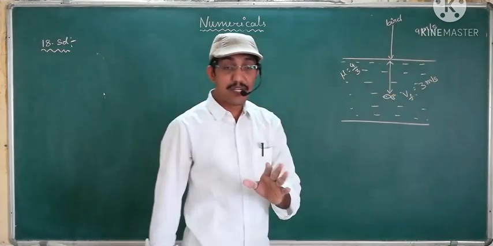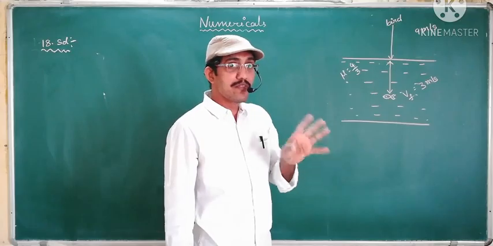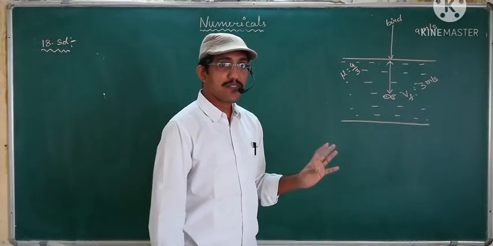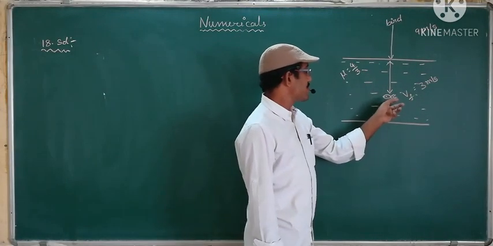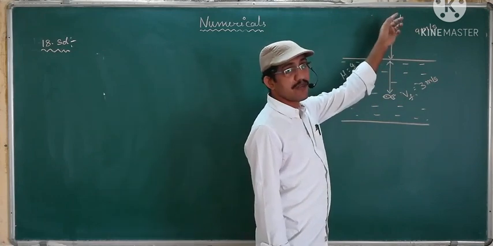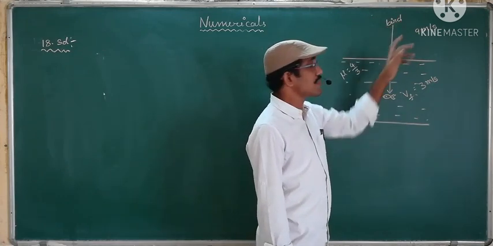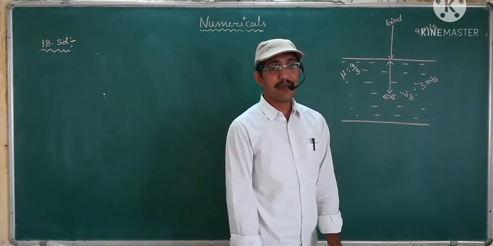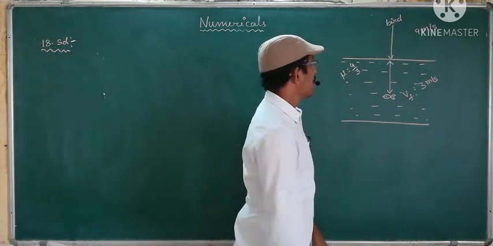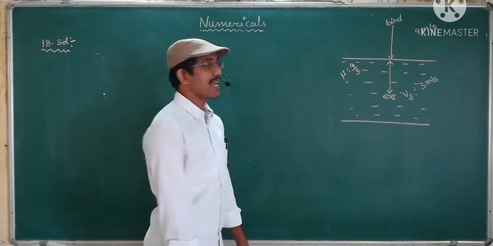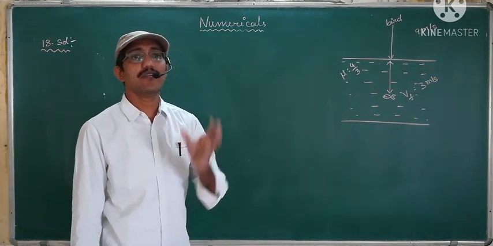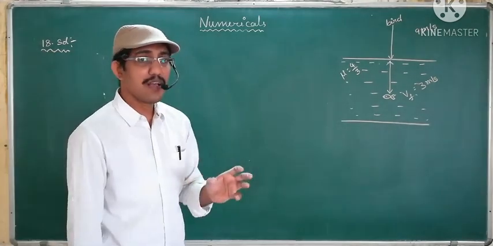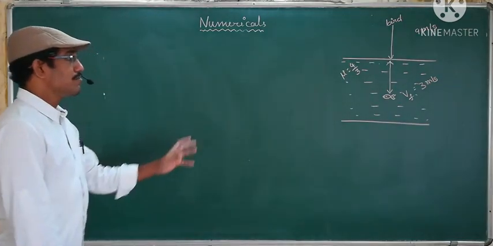That is with respect to the fish. So the fish is observing, not the real velocity of the bird. The fish velocity is 3 meters per second, and we need to calculate the actual velocity of the bird.